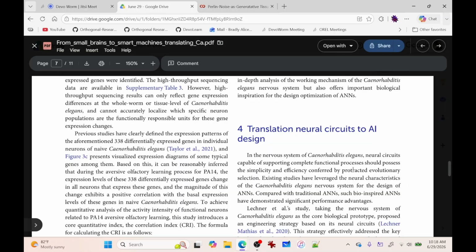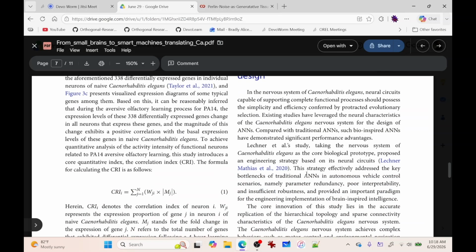So this is where they translate neural circuits to AI design. And so there's a study by Lechner, Matthias et al. 2020, where they take the nervous system of C. elegans as the core biological prototype, and they propose an engineering strategy based on its neural circuit.